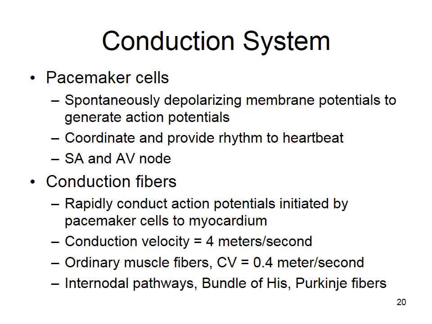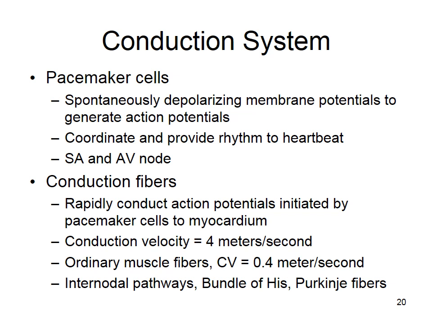Okay, and our major pacemaker cells that determine heartbeat are in the SA node, the sinoatrial node, and then in the AV node, the atrioventricular node. Right? But we also have these conduction fibers that transmit action potentials from the pacemaker cells to the myocardium. And the myocardium is made up of the contractile cells. Okay, because we want the atria to contract as a unit before the ventricles contract as a unit.